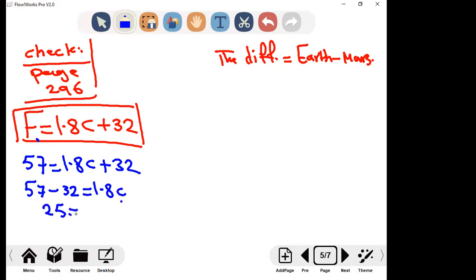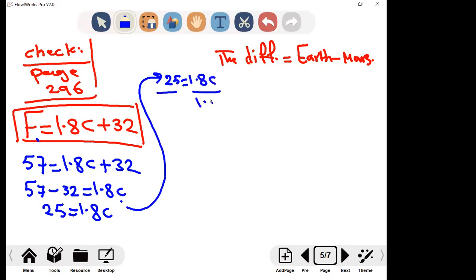25 equals 1.8 C. Now I want C. I will divide by the coefficient, which is 1.8. So 25 equals 1.8 C. I will divide both sides by 1.8. So C equals 25 divided by 1.8. I will use my calculator to save time.